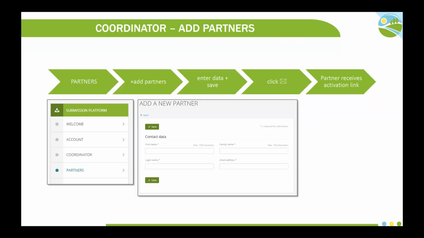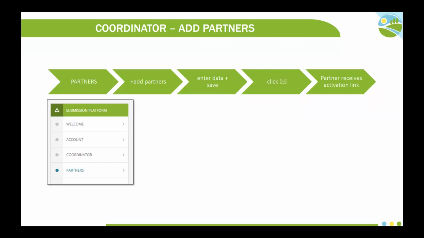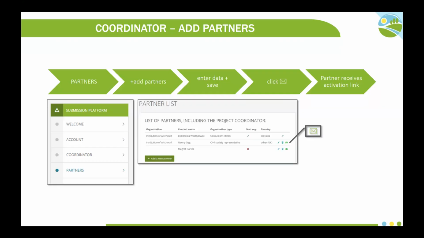Then you have to fill in the name, the email address, and the login name for your partner, and then you go to save. Following this, your partner is listed there, and then you find on the right-hand side a little envelope symbol. You have to click on it. It's blue at the beginning.